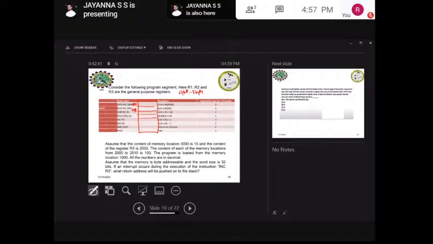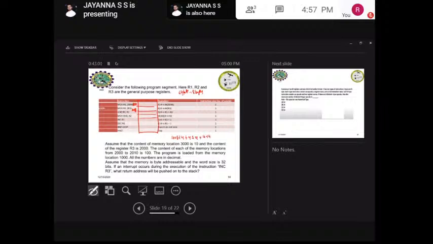For the next instruction, it is move R2 comma R3. It will take one word. One word means 4 bytes. So 1008 plus 4. The next instruction also takes 4 bytes. Again 4. Next one also 1 word. Next one also 1 word.